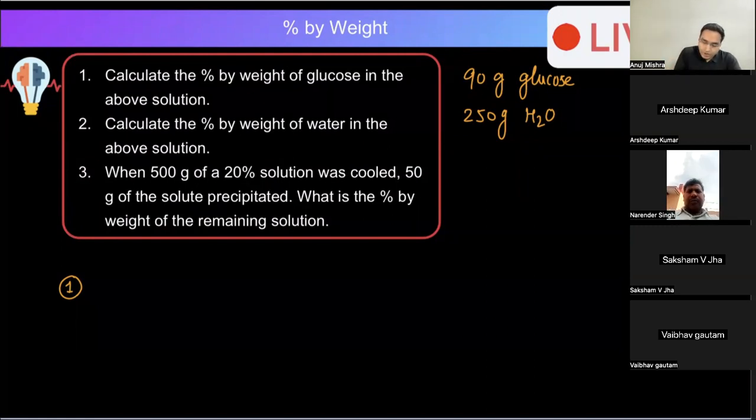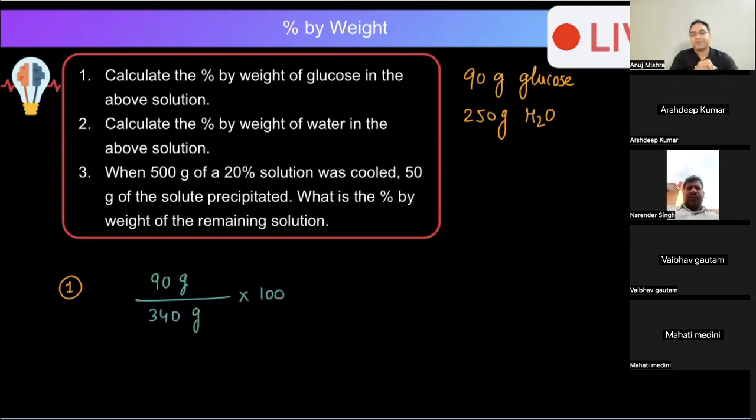So let's complete that. First part, it is 90 gram of glucose. Total mass is 340 gram, multiplied by 100. Very simple, isn't it? Can you complete this question, everyone? Yes. So the definition we have already done. It is mass upon total mass into 100. Right.